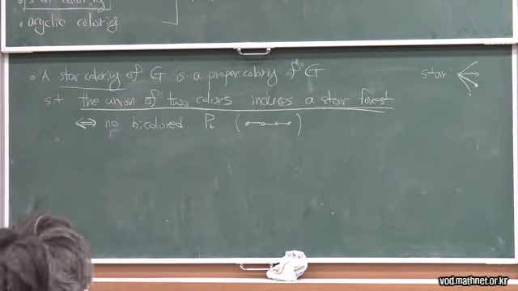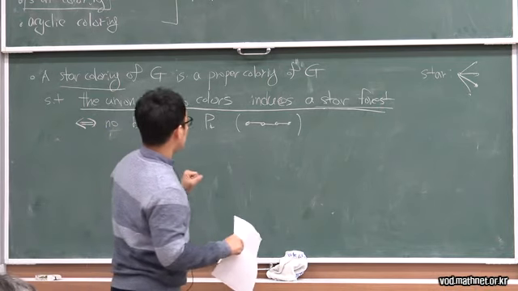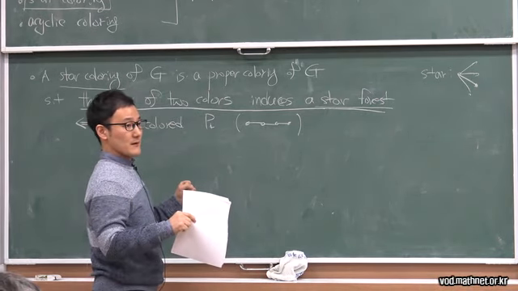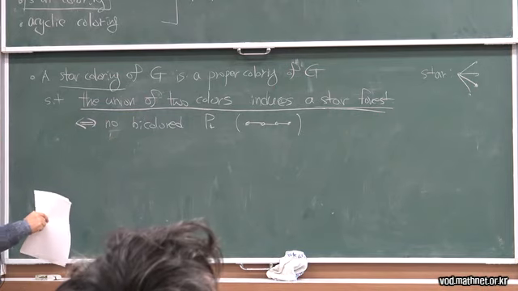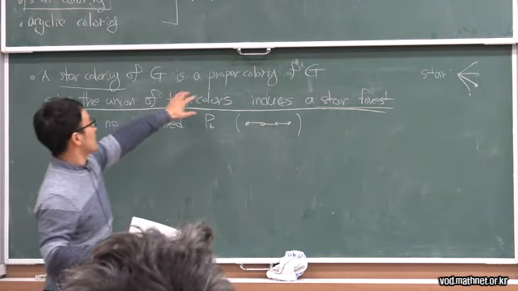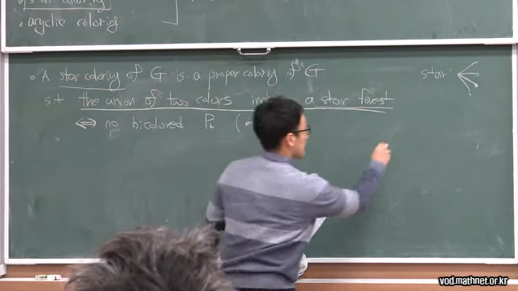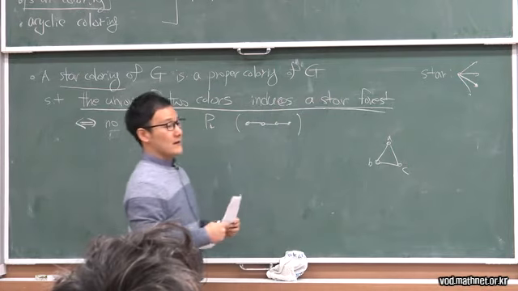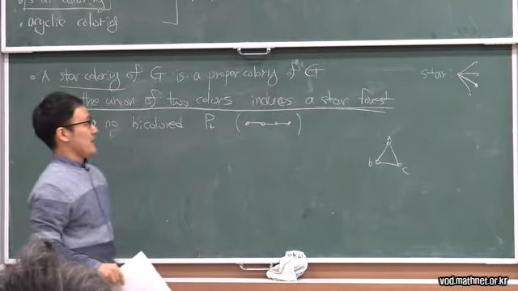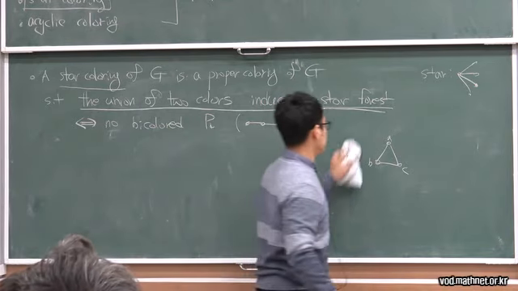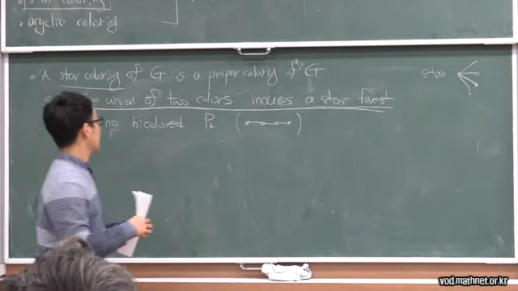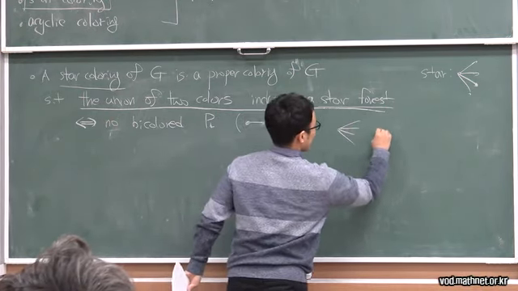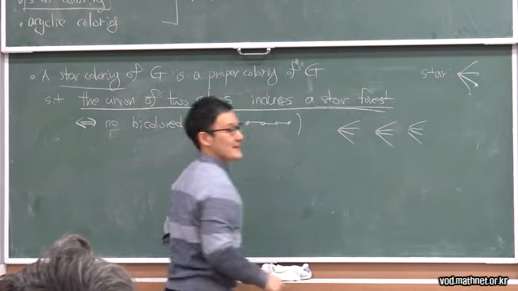What about triangles? K3 doesn't contain P4, and it must be a proper coloring. So you have a triangle where each vertex has a different color, and the union of any two colors induces just one edge, which is a star and doesn't contain P4.